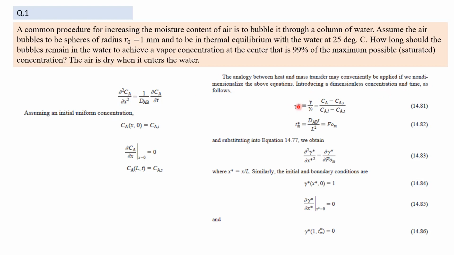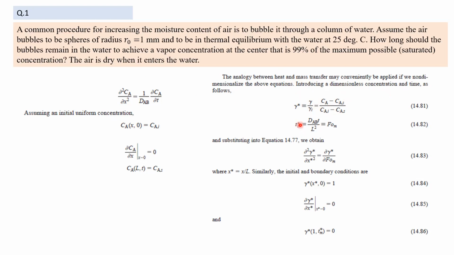This is a dimensionless value, so it has no unit. It is a ratio of gamma by gamma_i. Gamma_i is the concentration difference at the start of the problem, and gamma is the concentration difference at a particular point of time. And t_m is the time required for the mass diffusion.